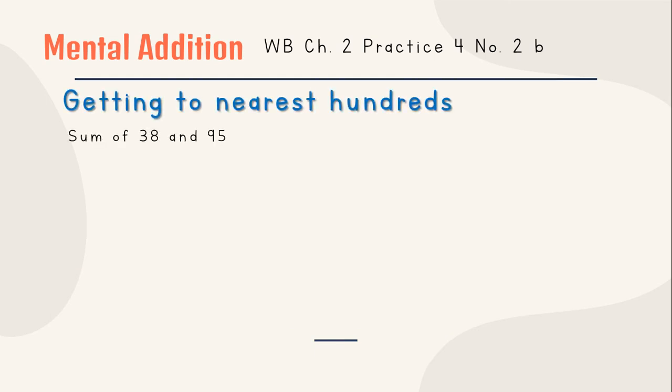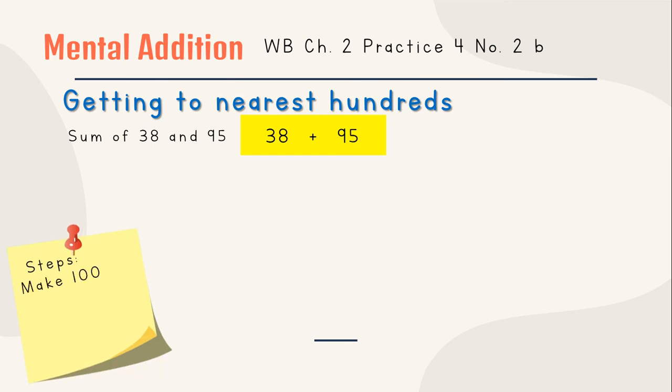Now go to 2b, sum of 38 and 95. That's it. Okay, I give you 3 seconds to figure out how many we need to make it into 100. 1, 2, 3. So what is that? 5, correct. So this one will go to 100, yeah?